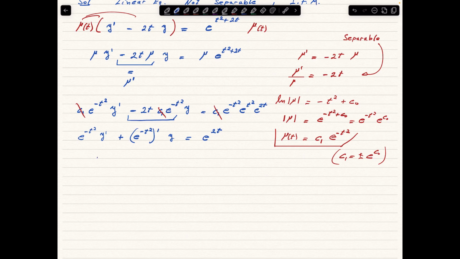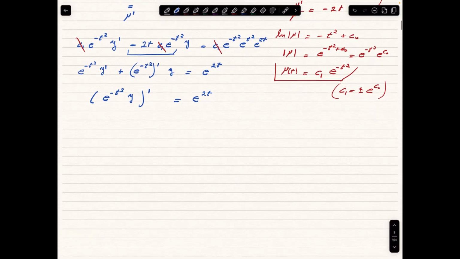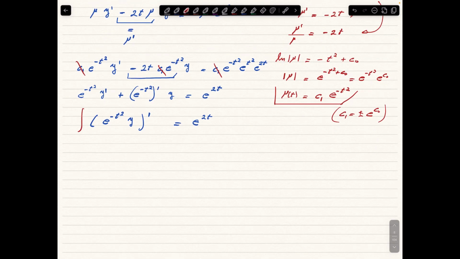And on the left side we have a total derivative now, exponential negative t squared times y, this is the derivative here, prime, equal exponential 2t. We integrate on both sides, because we can now.